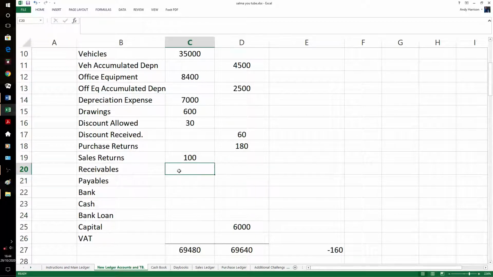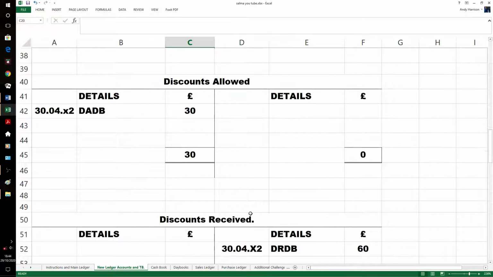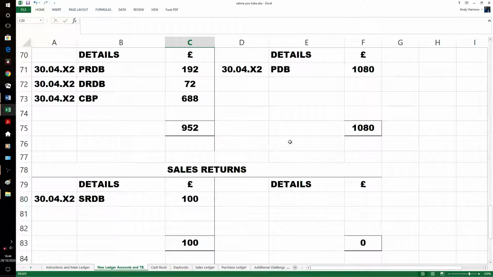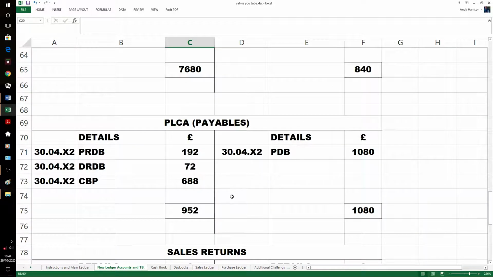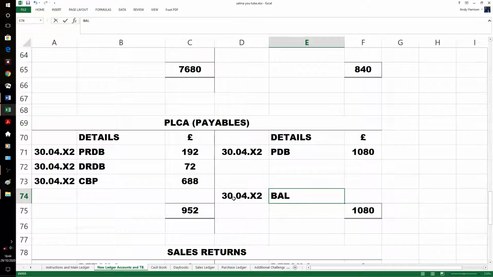So our receivables or sales ledger control account, that one will need a little bit of balancing off because we've got debit and credit entries in it. Not too difficult though because I've done it on a spreadsheet. So 30. I'm not going to put the brought down balance in. And that will be the 1080, the biggest side, minus the small side.